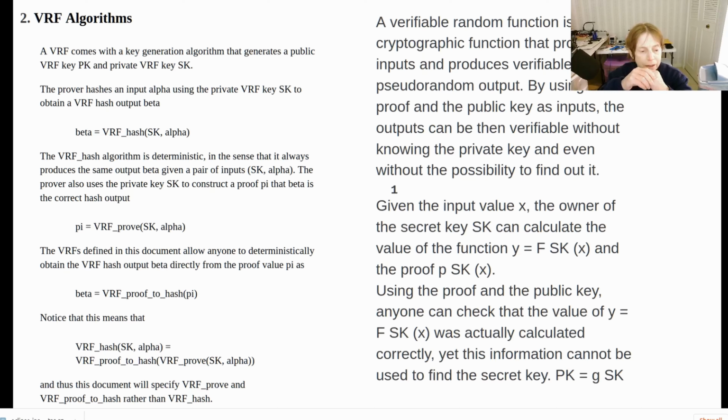Then there is an algorithm that will calculate whether that proof value is in fact what generated the random value.